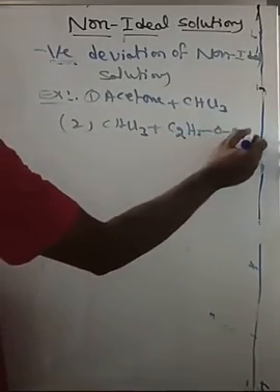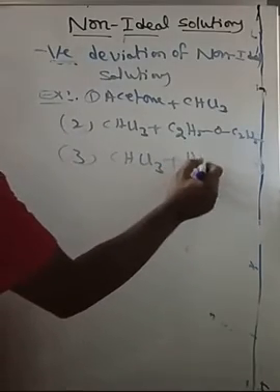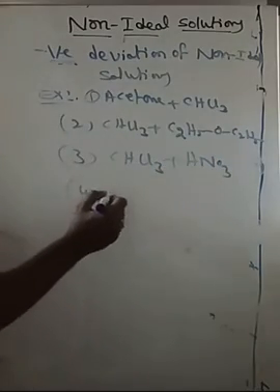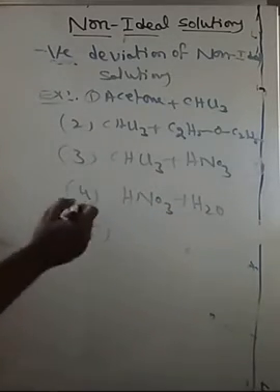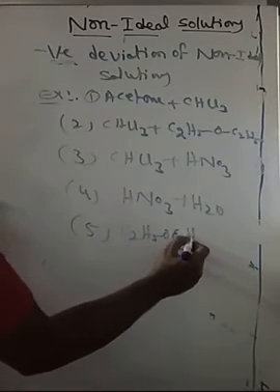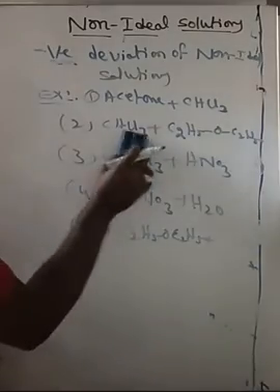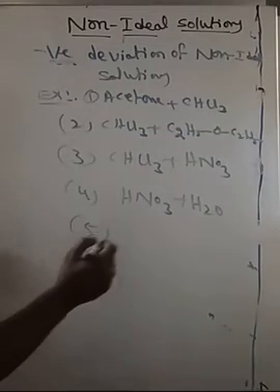Formula C2H5OC2H5. Next, number 3, chloroform and nitric acid, formula HNO3. And one more, nitric acid plus H2O. Also diethyl ether plus chloroform, which I already wrote here. One more example is acetone and aniline.